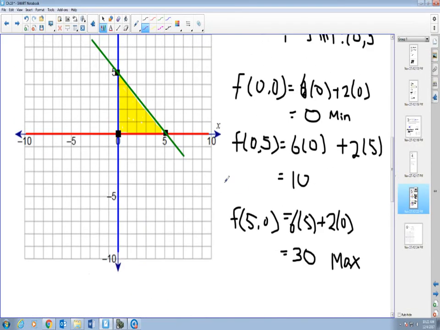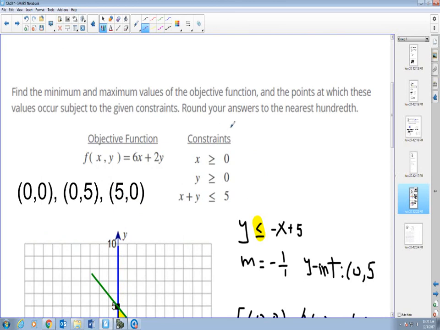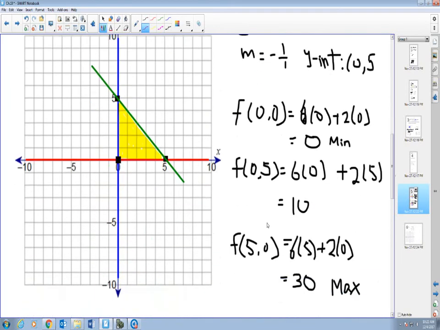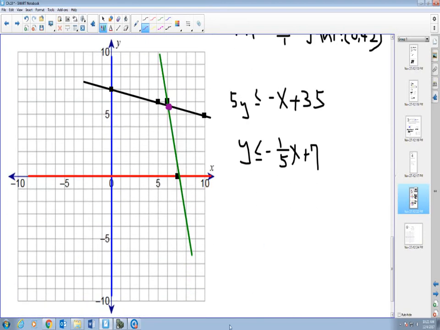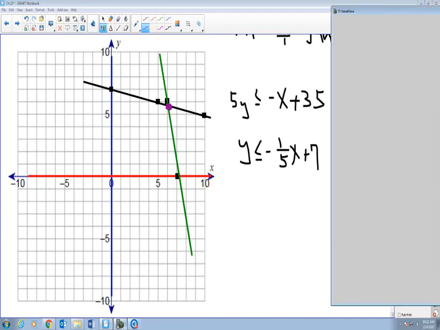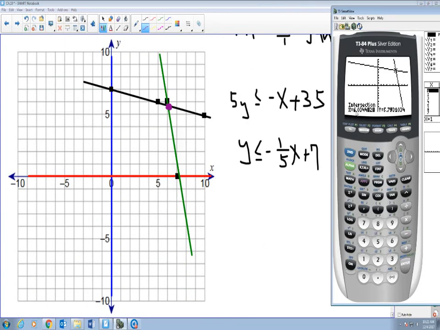Let's go up real quick. It says, round your answer to the nearest hundredth. Okay. If I round to the nearest hundredth, there will be 6.03.